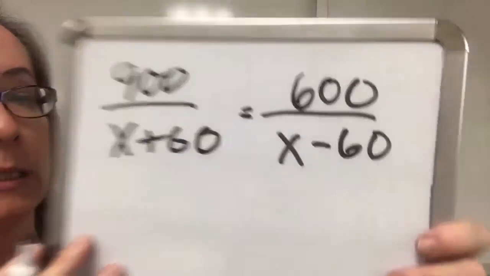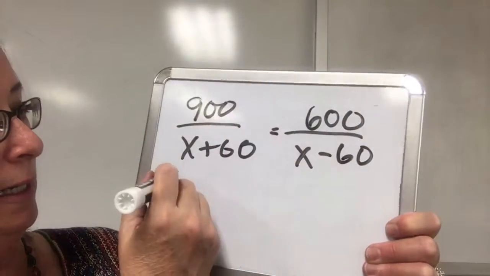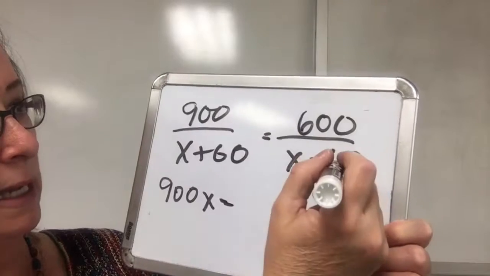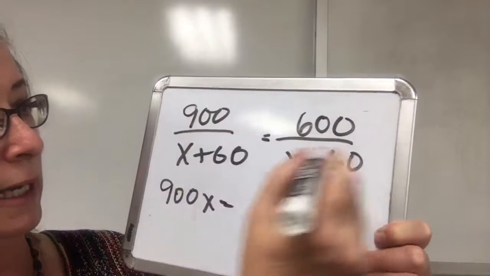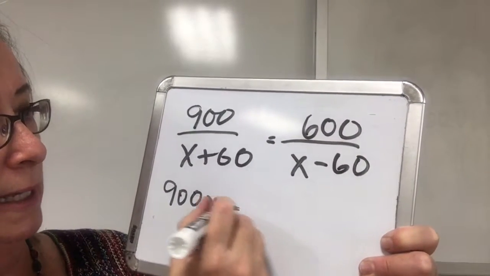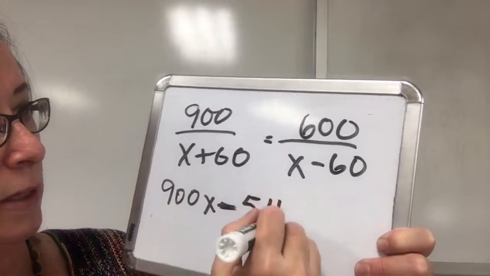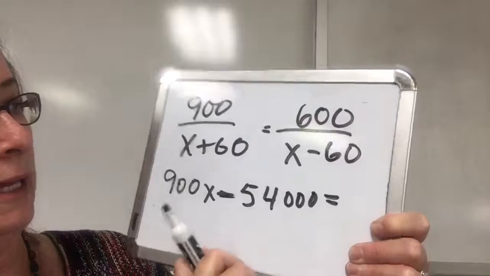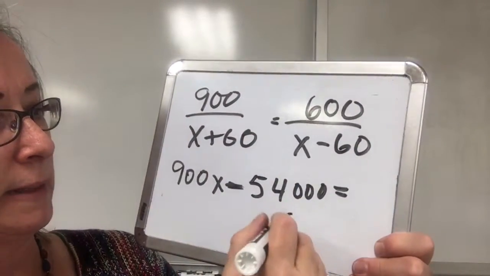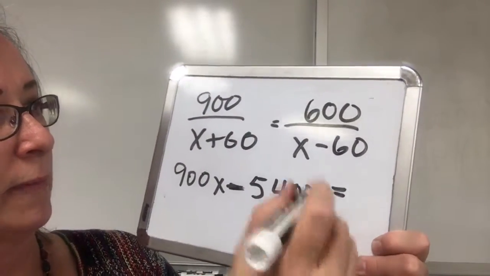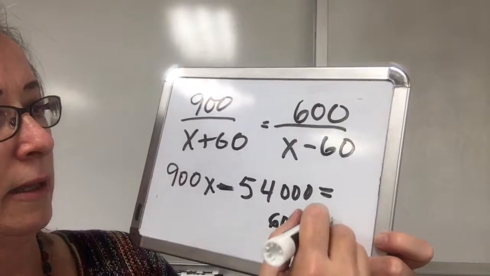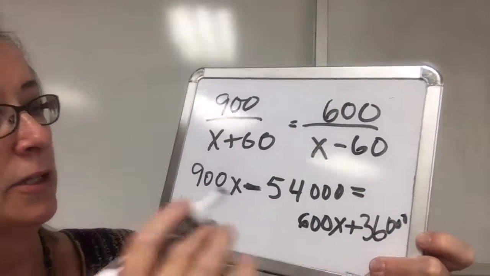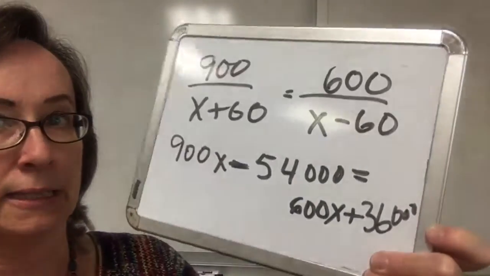So now I cross multiply, and I'm going to get 900x minus 54000 equals, and then on the other side, 600x plus 36000, okay? So now I have to get these solved.